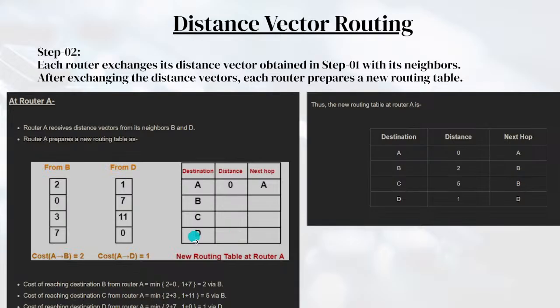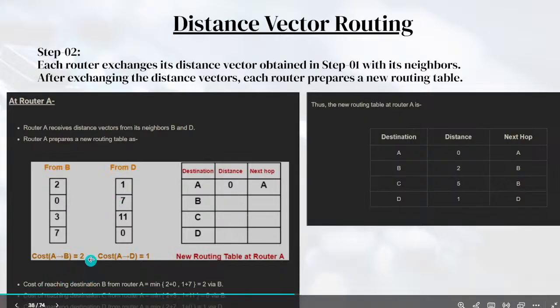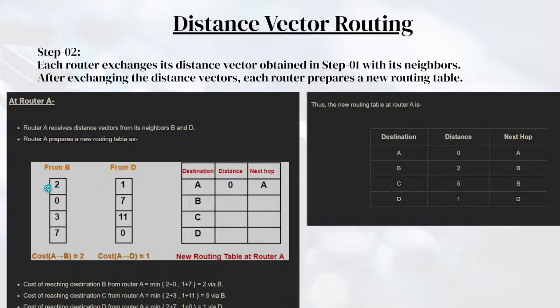Now we are going to create a new routing table to see whether it is giving the shortest path or not. So how are we going to calculate the cost of reaching destination B from A?